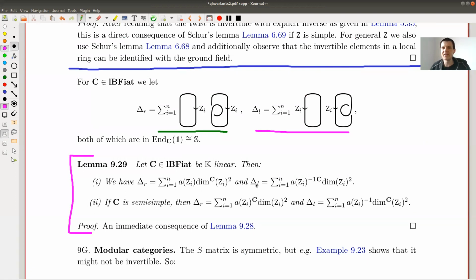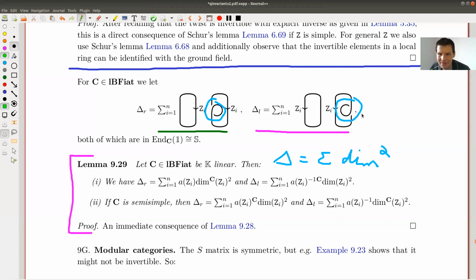Some diagrammatically nice expression, and there's a right version where you put the king on the right, and a left version where you put the king on the left. The delta basically wants to be the sum of dimension squares, but not quite.